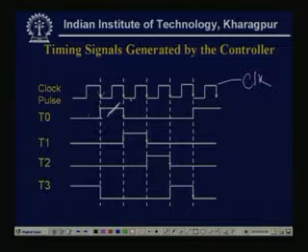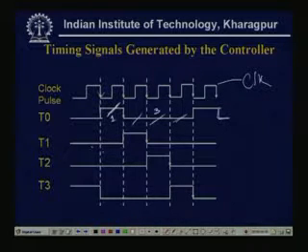Then 1, 2, 3 clock pulses: after 3 clocks of the master clock, it becomes low. So in 1 clock pulse of the master clock it becomes high, and for 3 clock pulses it becomes low. T0 will be of that type.